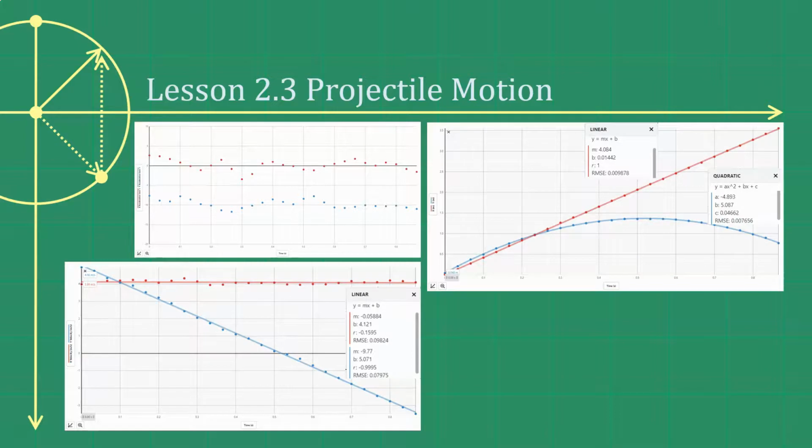And we see that in our parabolic distance time graph for the y dimension as well. Notice here in this distance time graph, we see the time at which the ball reaches its maximum y dimension height at the maximum of the blue parabola, and then the ball begins to move downward from the direction that it came. In the x dimension, as expected, the red curve on this graph, we have a linear position time graph with a slope of about 4.1.